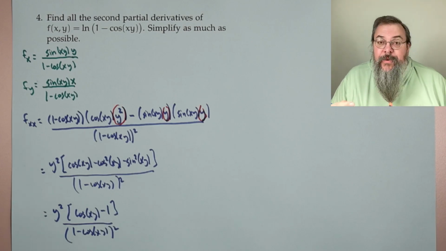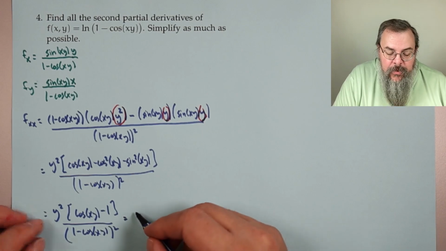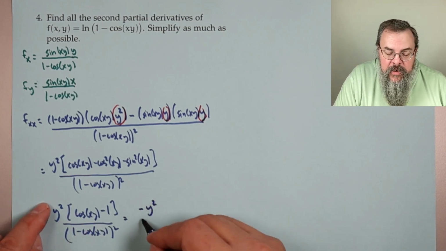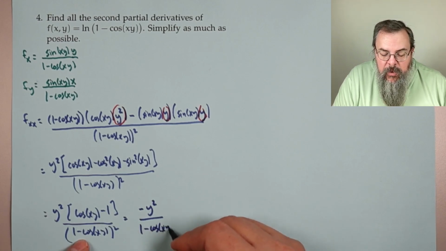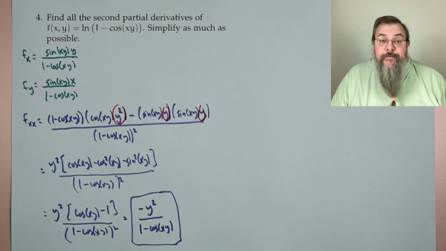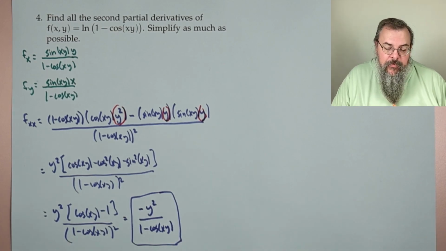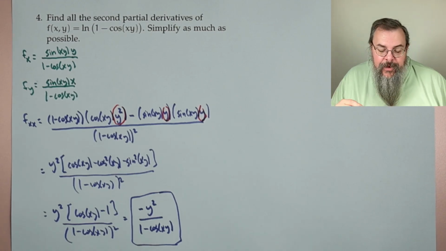All right, so what can we do? Pull out a minus sign. So we'll pull a minus out, end up with minus y squared, and then we'll have 1 minus cosine xy. All right, that's looking very simple, about as simple as we could hope for. Okay, that's fxx. All right, good.